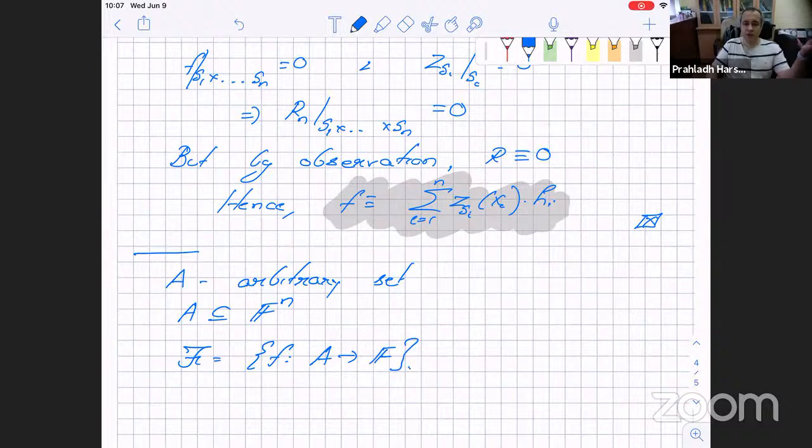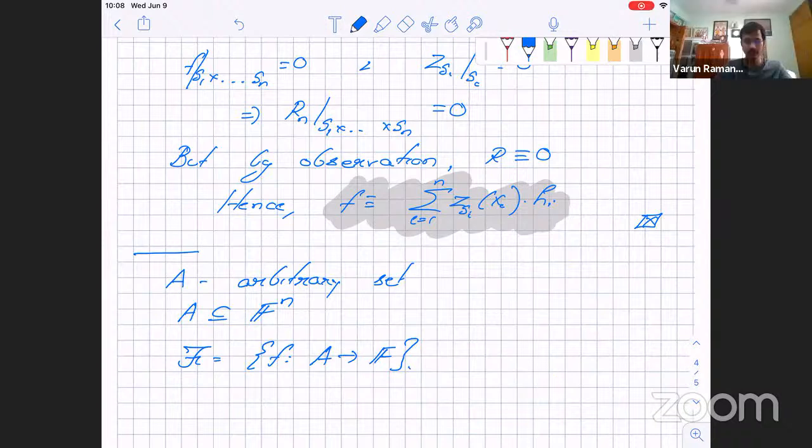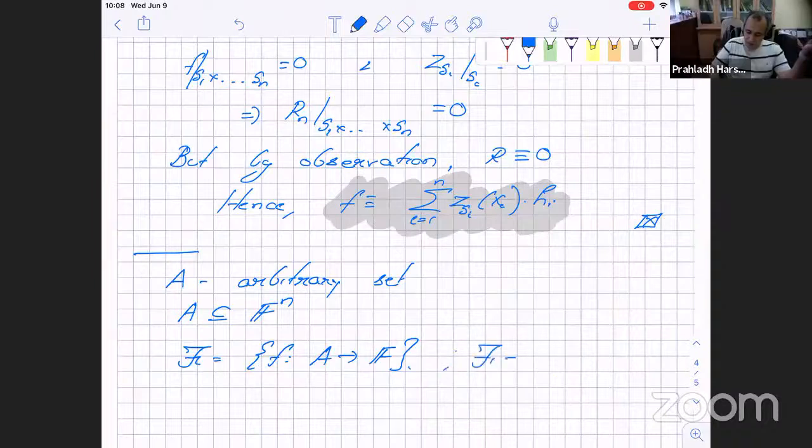What's the dimension of this vector space? Size of A. Yeah, so this is an F vector space of dimension size of A.